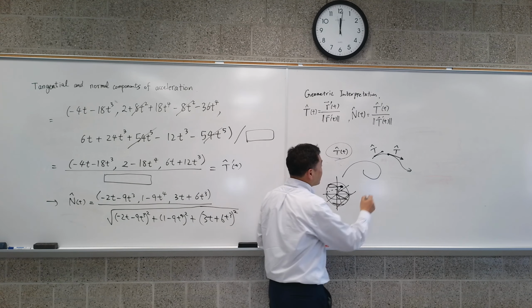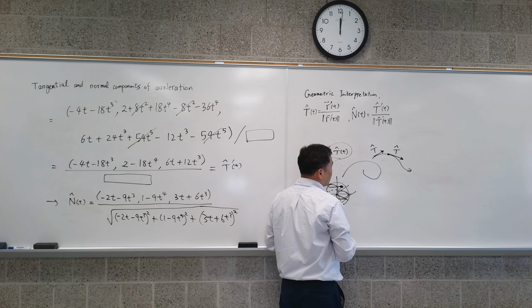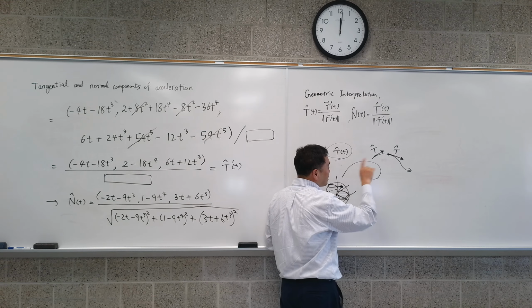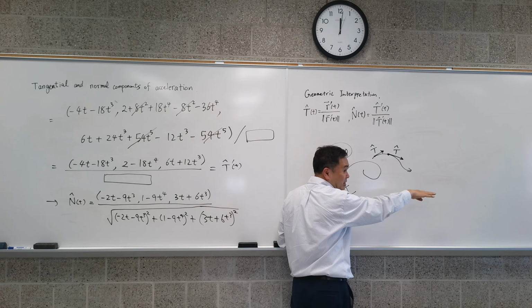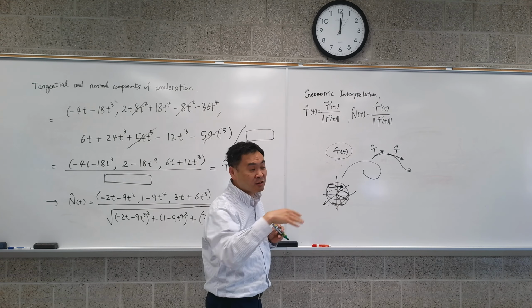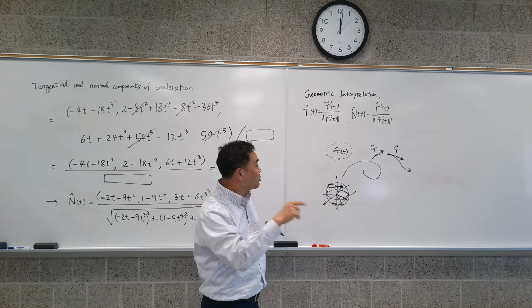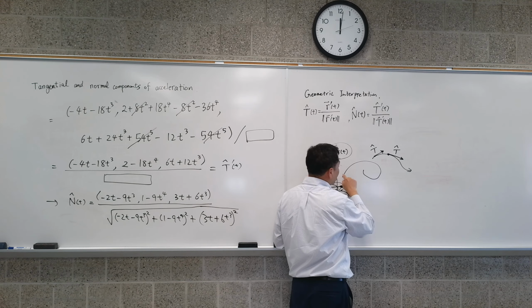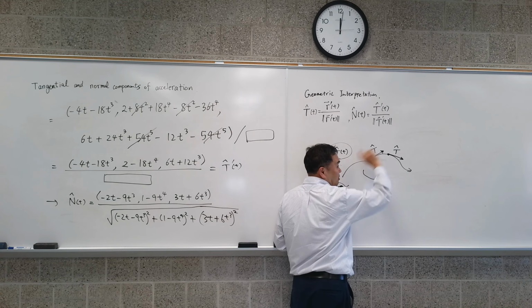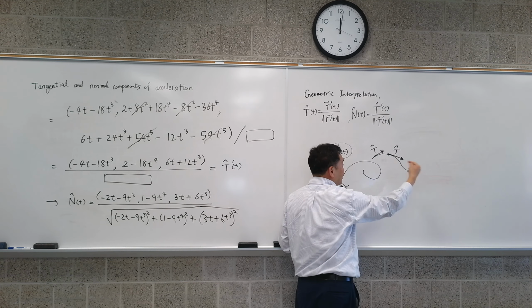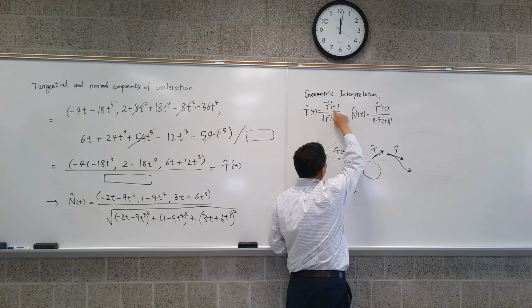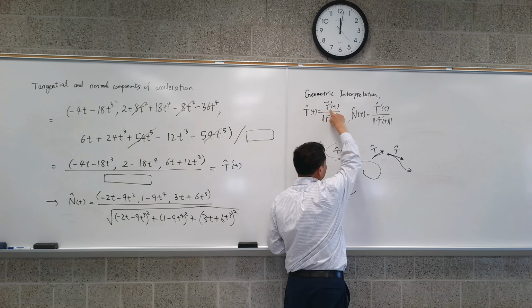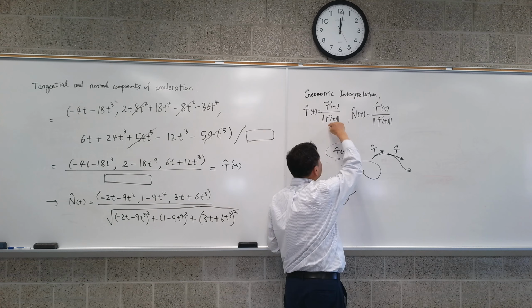The important thing here is that whichever way this curve is moving, that's the direction of the unit tangent vector. It's never the opposite direction. If the trajectory of this particle is moving that way, then the unit tangent vector must be pointing that way, not that way, because these two have the same direction, right? It's not the opposite direction. And this is always positive.